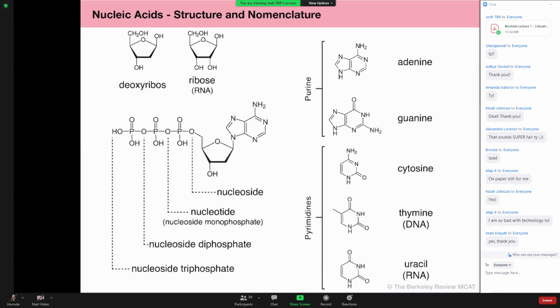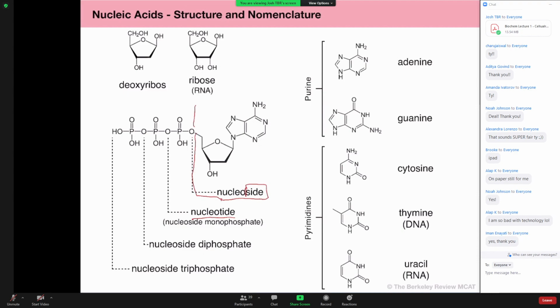Okay. So for example, probably the biggest one that they do is what's the difference between a nucleoside and a nucleotide, right? A nucleoside is anything that doesn't have one of those phosphate functional groups attached.